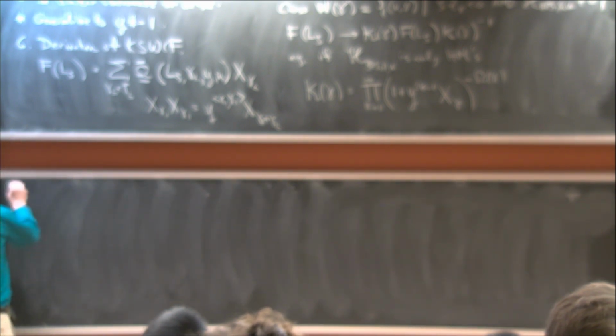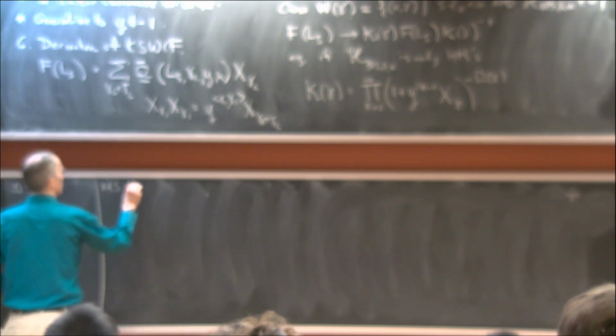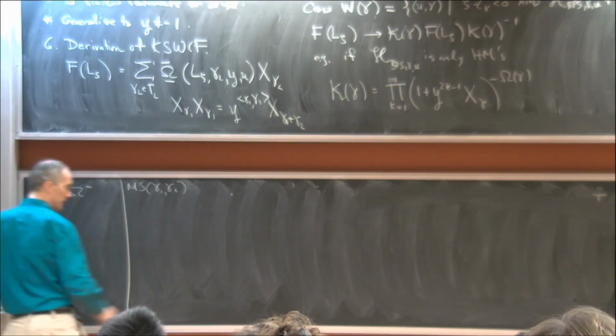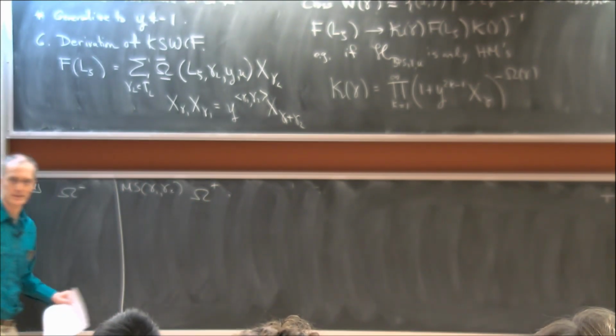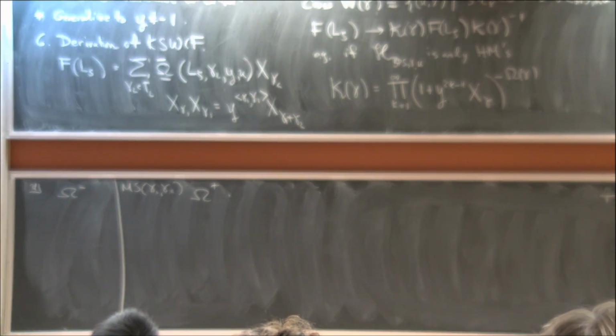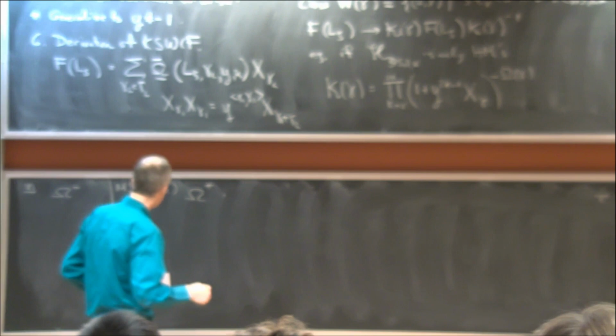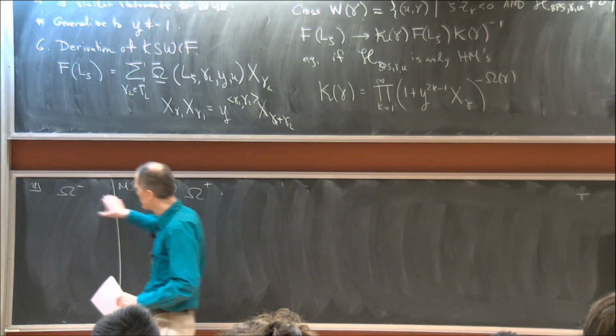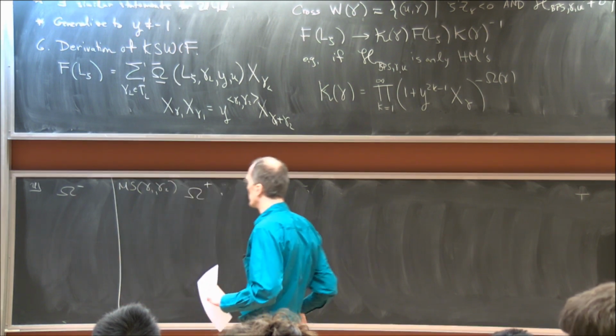Okay, so here we are in the u-plane. And here's the marginal stability wall for gamma 1 and gamma 2. Okay, and so there are some BPS degeneracies, omega minus on this side and omega plus on this side, okay? And they change. And the Kontsevich-Soibelman Wallcrossing formula tells us how omega plus changes to omega minus as we go across the wall.